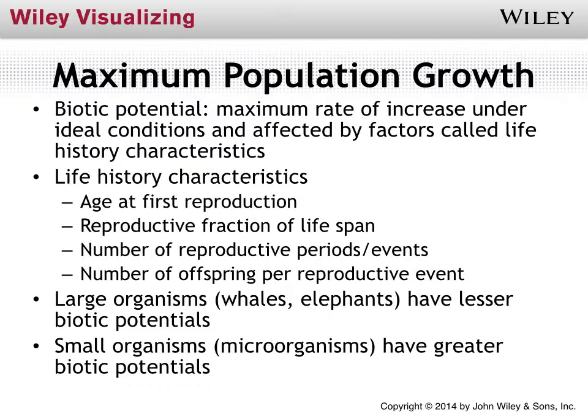So those might include the age when they're first able to reproduce. So animals or plants that can reproduce at younger ages typically might have a greater biotic potential. How long of the lifespan of the living thing it's able to reproduce.